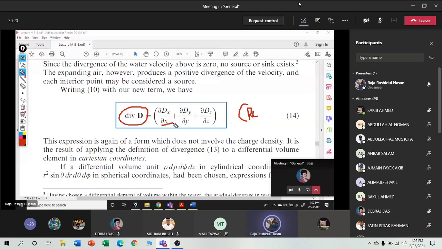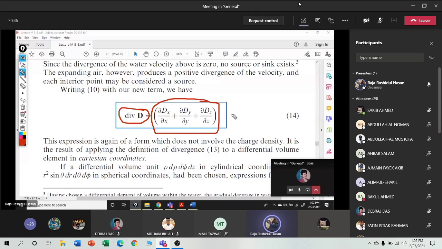Okay, now since here dx, dy and dz is present, so this is actually the rectangular form. According to the question we have to write down the formula, either rectangular or cylindrical or spherical. And if your question asks calculate the divergence d or div d, you will write down this one equal to this if it is rectangular.